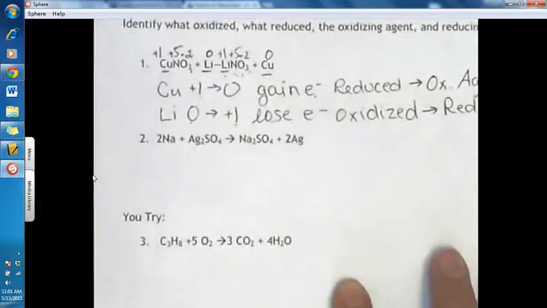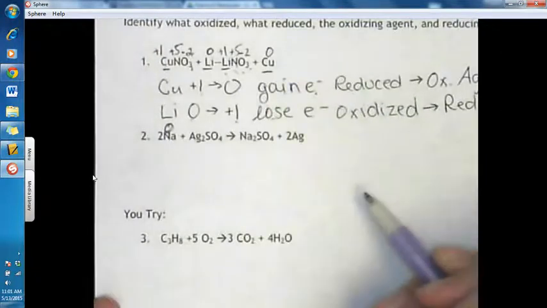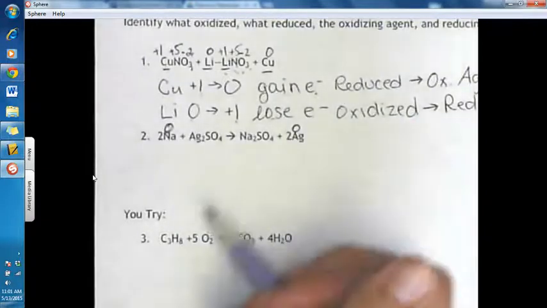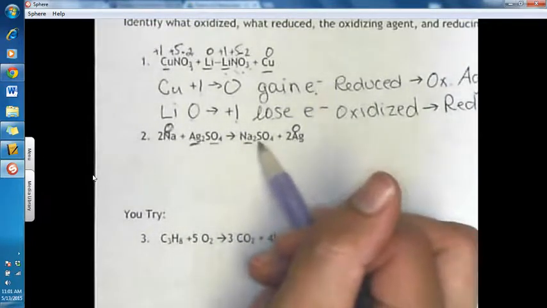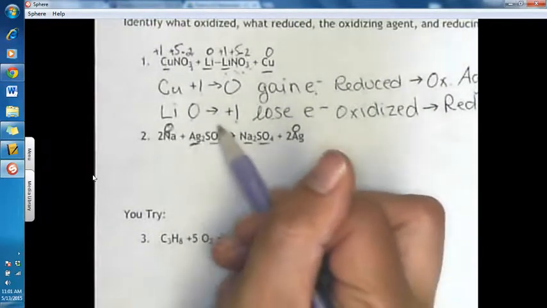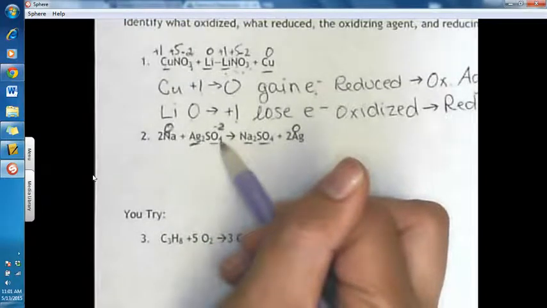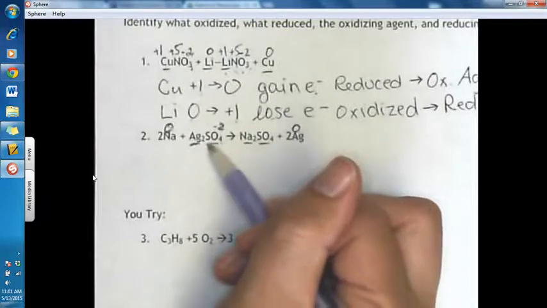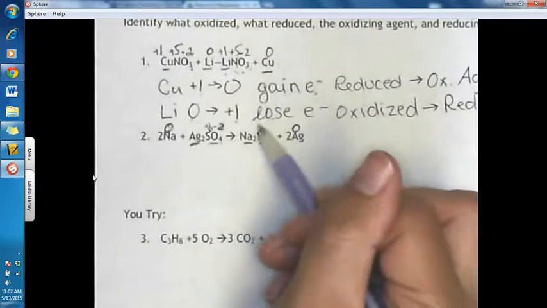Let's try our next one. Sodium by itself, silver by itself. We have our silver here with our sulfate, our sodium here with our sulfate. Oxygen is always -2 times 4 gives us -8. Sulfate has an overall charge of -2, so sulfur must be +6. Same thing here.